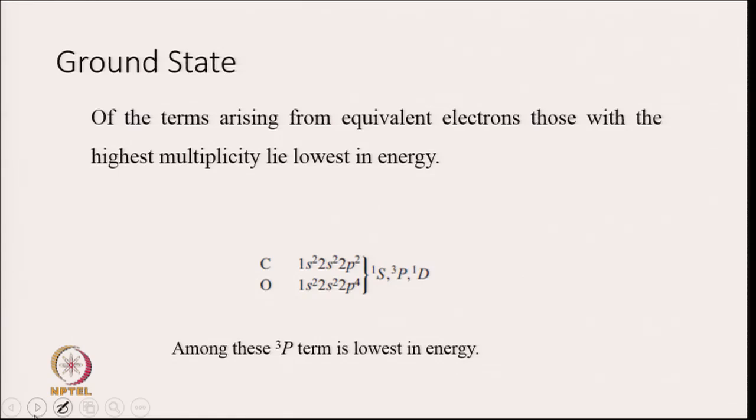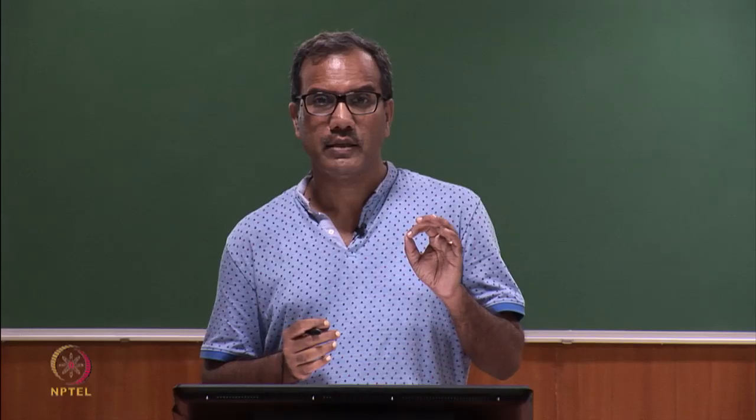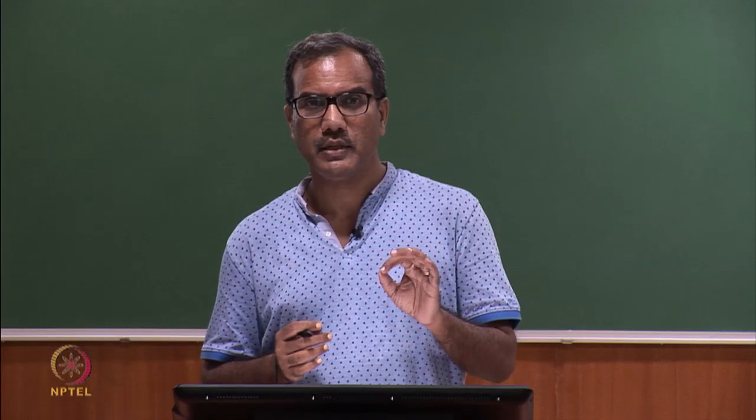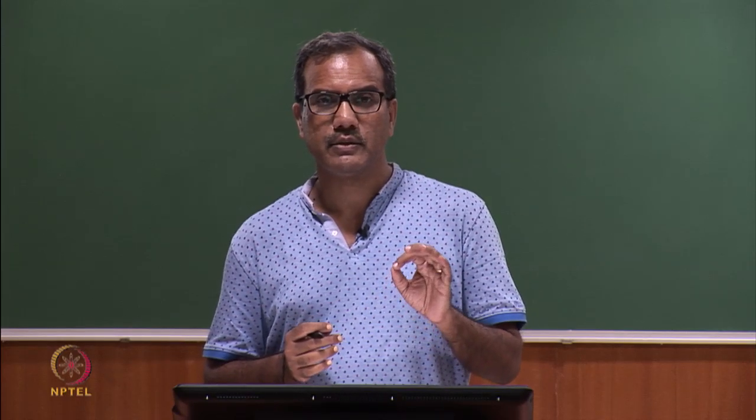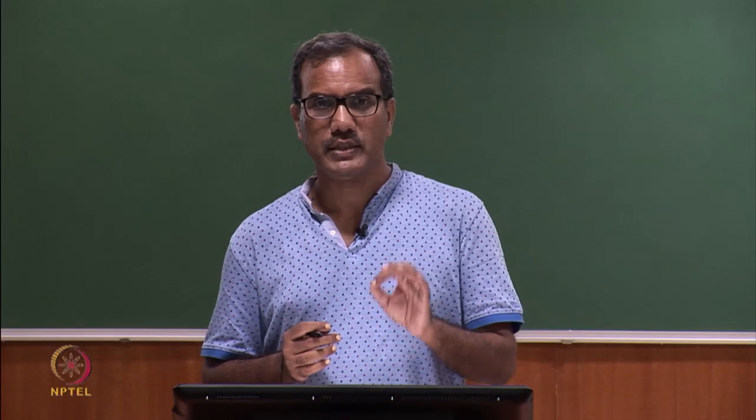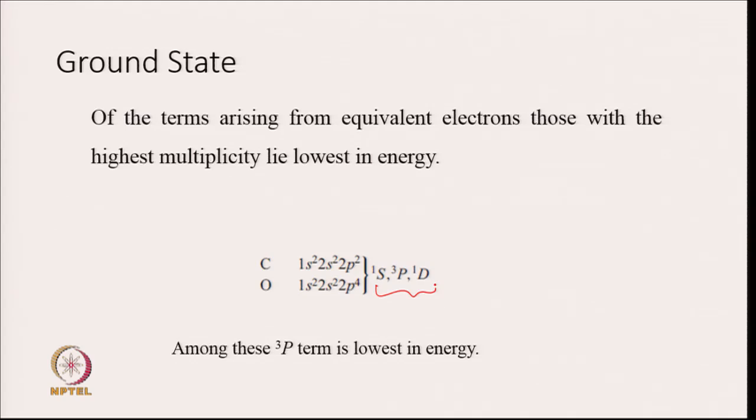This is the rule you need to remember. For example, carbon and oxygen give rise to 3 different terms: 1S, 3P, 1D. Among these, the 3P term is lowest in energy because it has the highest multiplicity, whereas the other 2 terms have lower multiplicity than 3P.